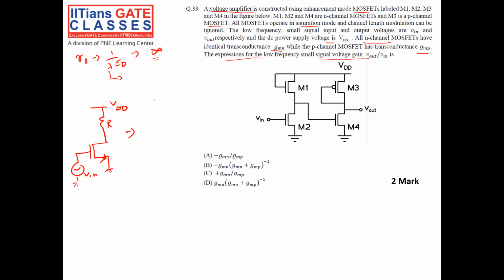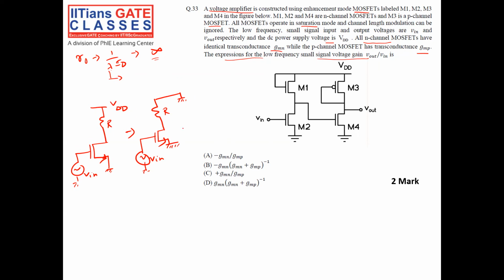What I have to do is replace all the DC supply with its AC equivalent, that is ground. Then I will apply my input Vin, and the source is grounded. This is the source, and this is my R.